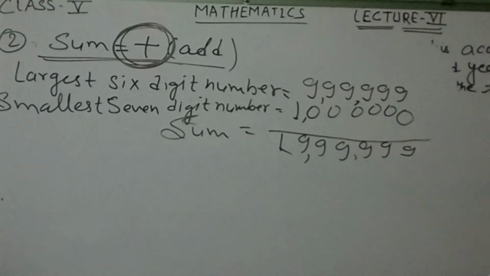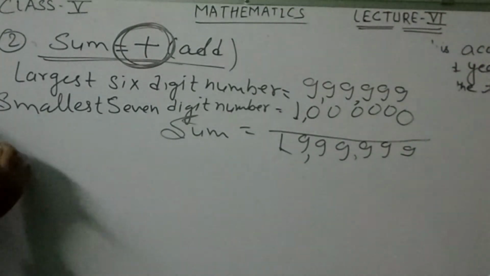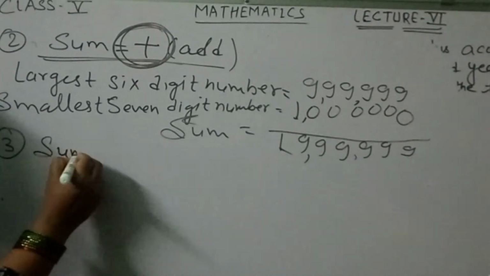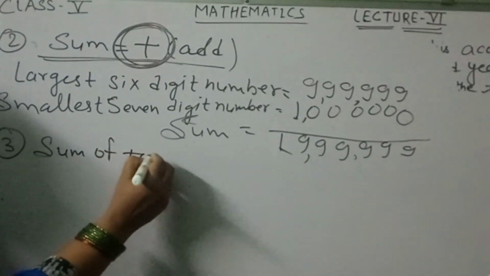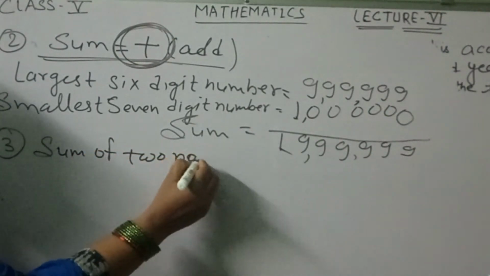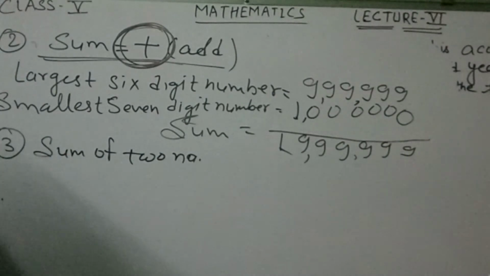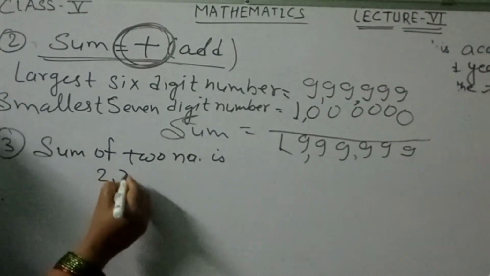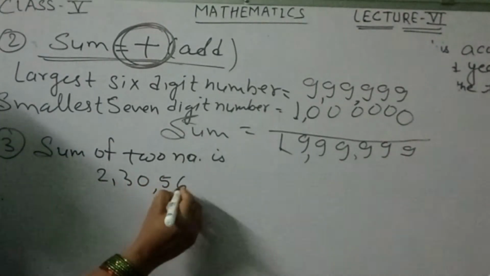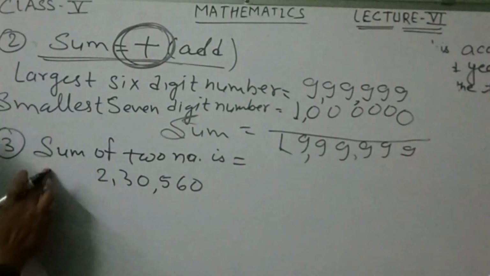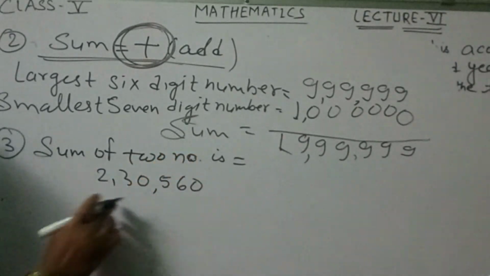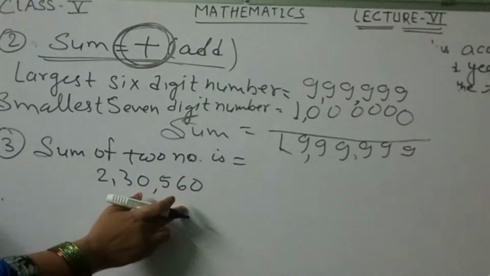Okay. Now, see one question I will take from your book. The sum of two numbers. Sum of two numbers is 2,30,560 is given.